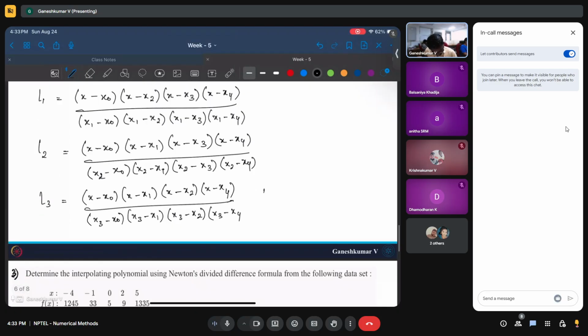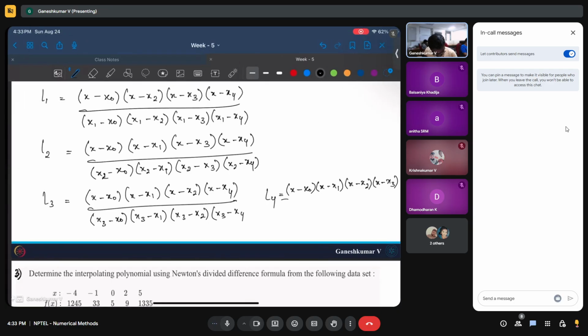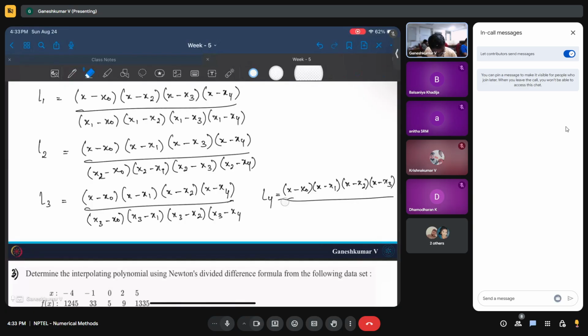And finally L4 is going to be x minus x naught, x minus x1, x minus x2, x minus x3, divided by x4 minus x naught, x4 minus x1, x4 minus x2, and x4 minus x3.